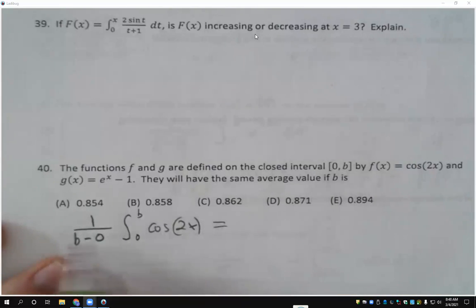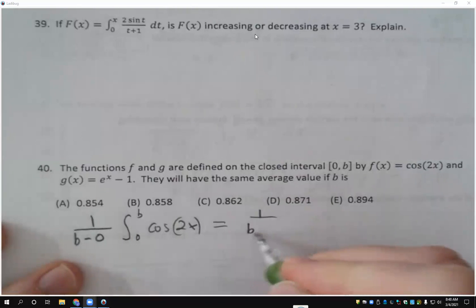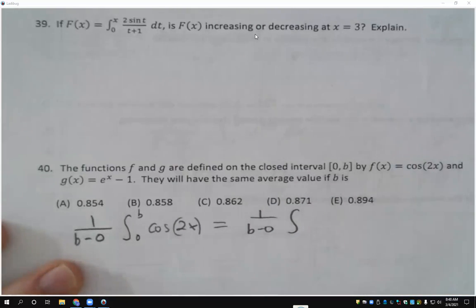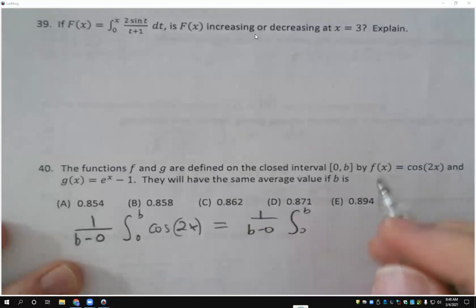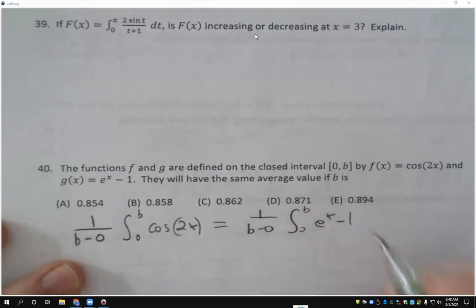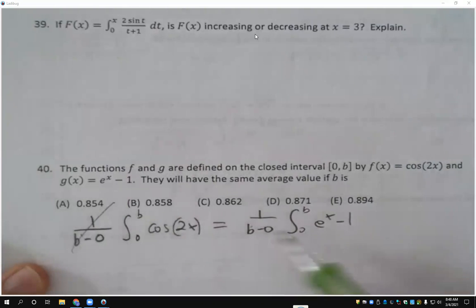So we set that average value formula equal to the other one, 1 over b minus 0, integral 0 to b of e to the x minus 1. We should recognize that the 1 over b factors are the same thing, so they cancel each other out.